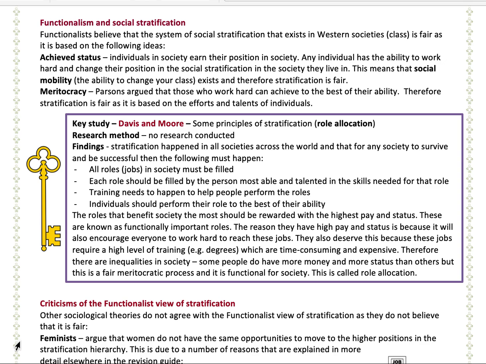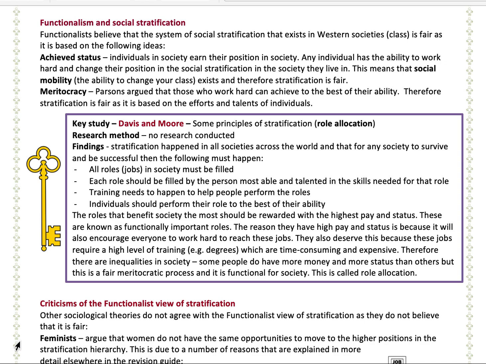So we go through the education system to make sure that we receive the correct training, and those who spend longer in education and spend more money on their training deserve more rewards in the future. The jobs that are filled by the most hardworking, most talented people are the ones that reap the greatest rewards and have the most significant influence.